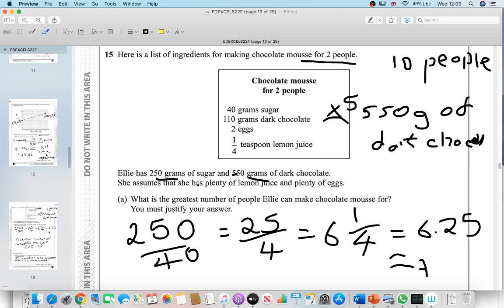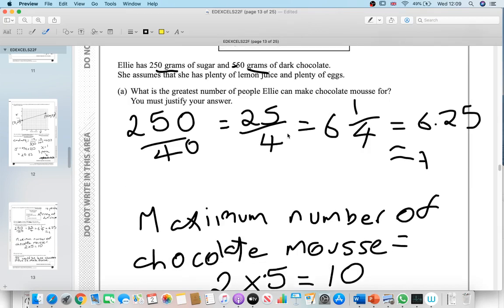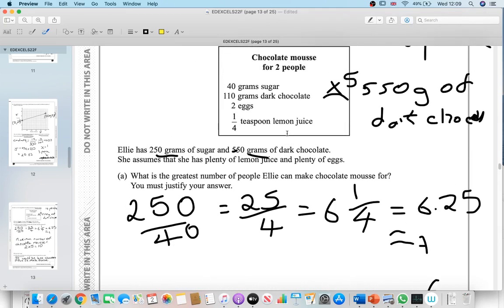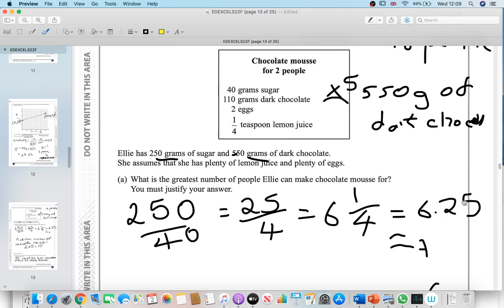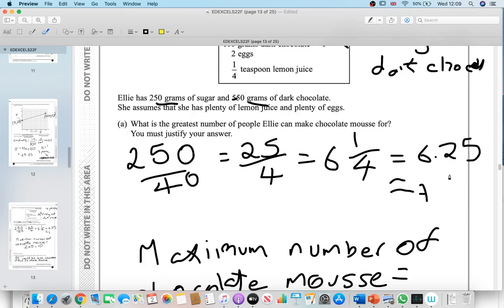And then for 250 grams of sugar, if I do 250 divided by 40, it will give me 6.25.